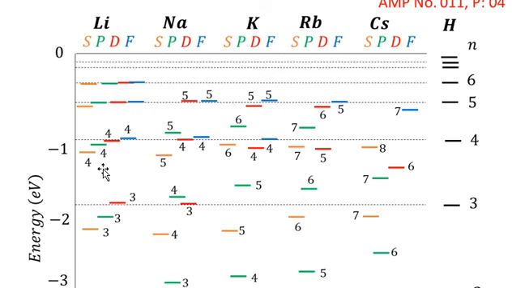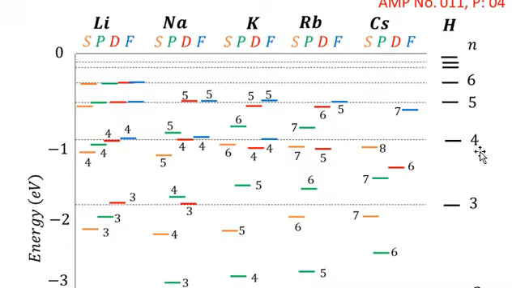That is, the energies of these levels depend upon the principal quantum number n and also upon the orbital quantum number. So here for these alkali metal atoms, we can say that the orbital degeneracy is lifted. That is, the energies of these levels are also now dependent upon the value of the orbital quantum number.